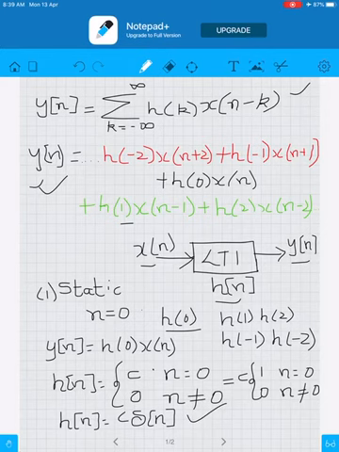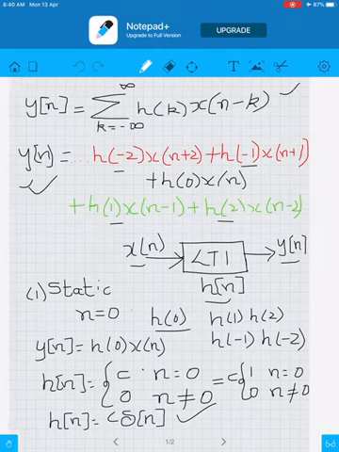That means h of minus 2 should not be there, h of minus 1 should not be there. Let us continue. At n equal to 0, h of 0 and x of 0: the output depends on the current value of the input, so it can be there. H of 1 into x of minus 1, yes, it can be there, it is a past value. H of 2 into x of minus 2, again a past value. So all these terms can be there. H of 1, h of 2, h of 3 and so on can be there, including h of 0, but not h of minus 2 and h of minus 1.